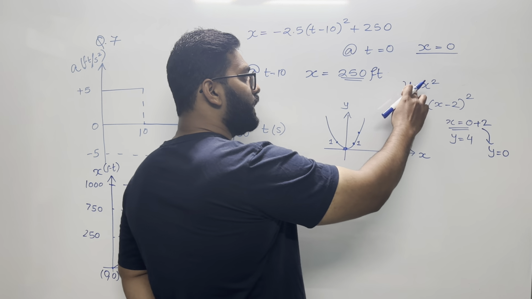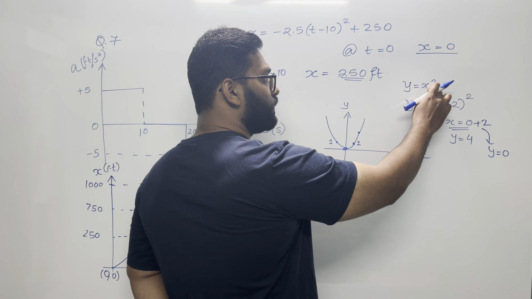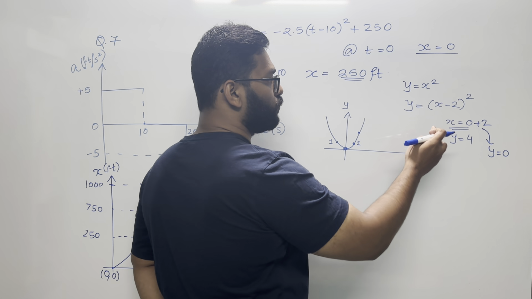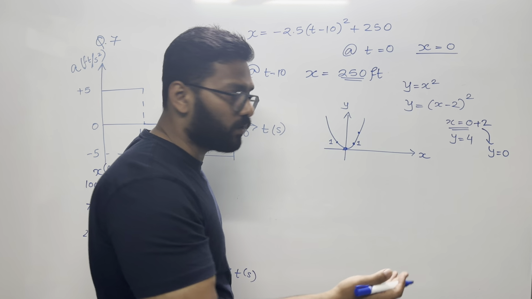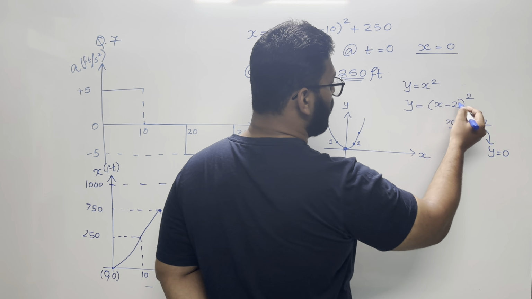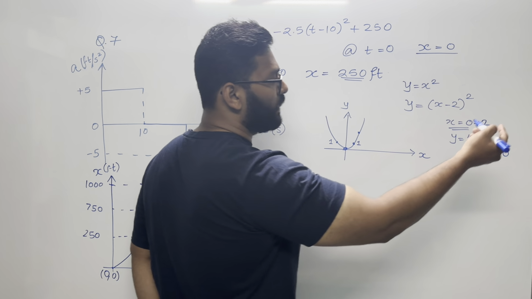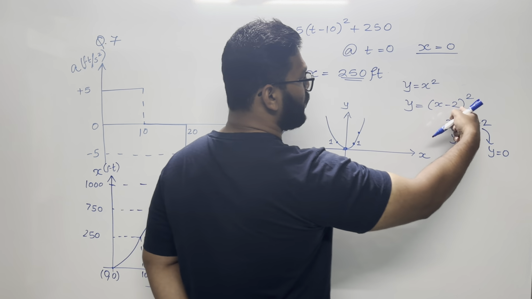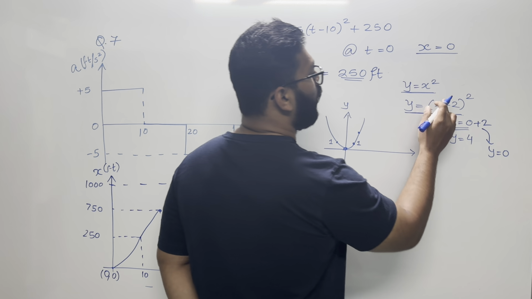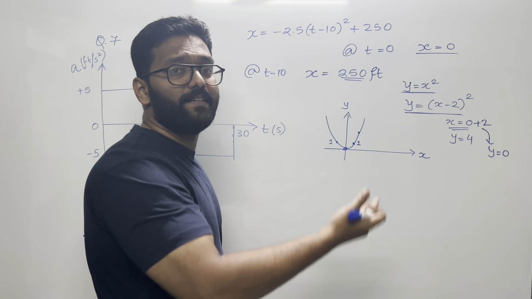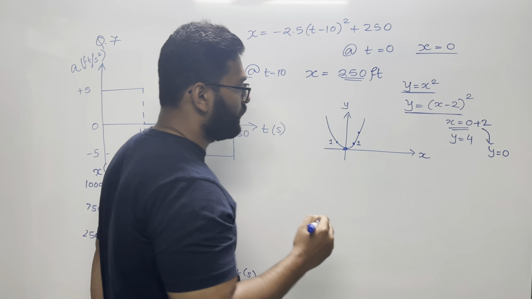Now, if I want to get y equal to 4 in this equation, I have to put x equal to 2. But in this equation, to get the same value, that is 4, I am going to put 2 plus 2, that is 4. So that is 4 minus 2 whole square, which is equal to 4 again. So all the values of this will be matched to this only if I increase my input by 2, right?